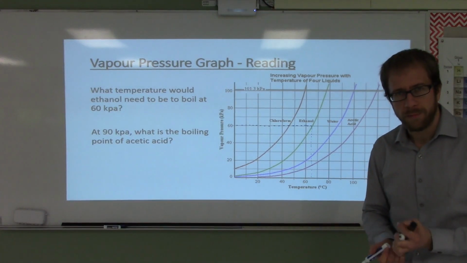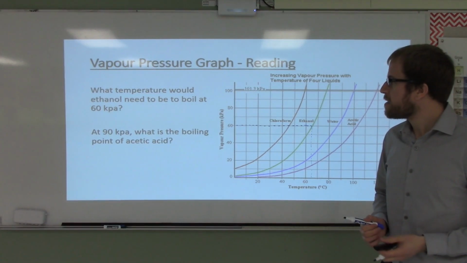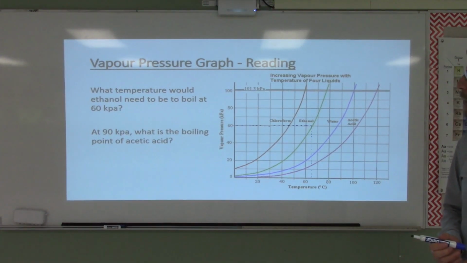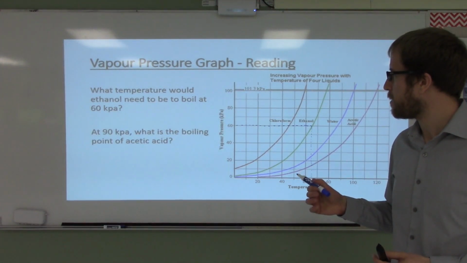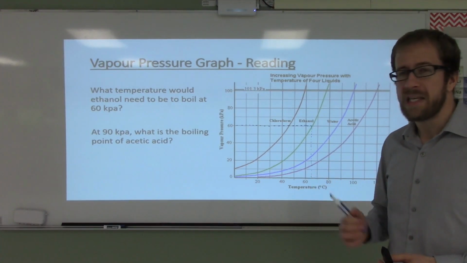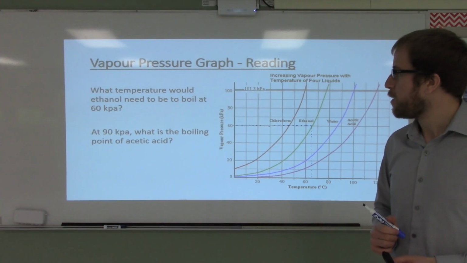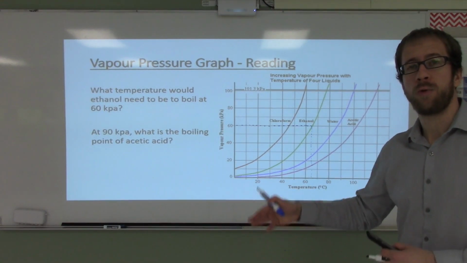What about another example? So at 90 kilopascals, what is the boiling point of acetic acid? So if you have an atmospheric pressure of 90 kilopascals, what is the boiling point of that acetic acid? So again, in order for our boiling to happen, our vapor pressure must equal atmospheric pressure.